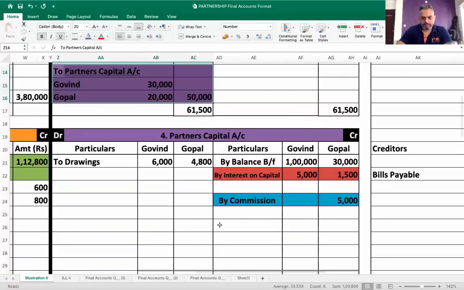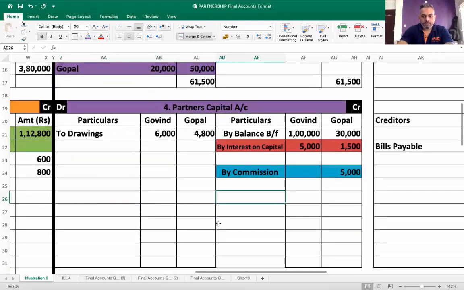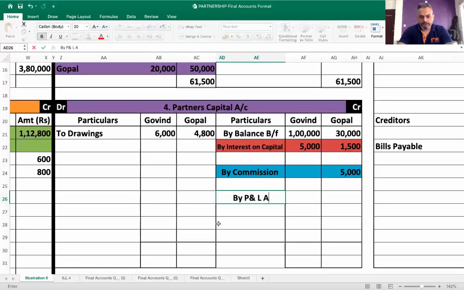Transfer it by profit and loss appropriation account, 30,000, 20,000.